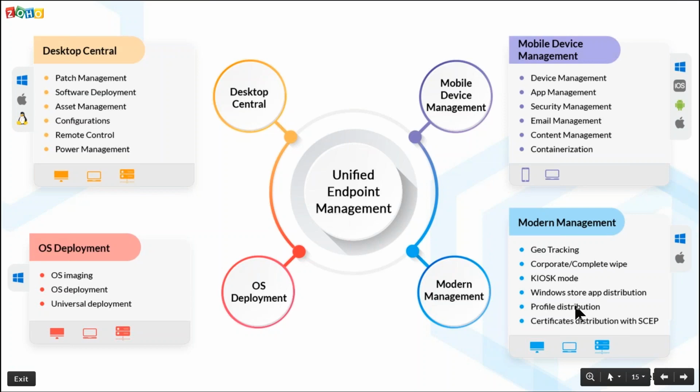You can distribute the store apps and manage profile distribution. Then we have OS deployment, which is a hardware-independent deployment where you'll be able to create a single master image and deploy it to multiple machines. These are the features offered within Desktop Central Unified Endpoint Management Suite.